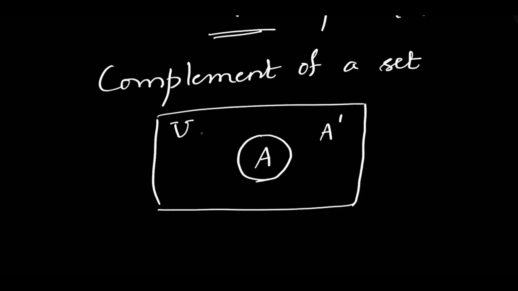All those elements which are in A are called set A, and all those elements which are not in A are called A dash.